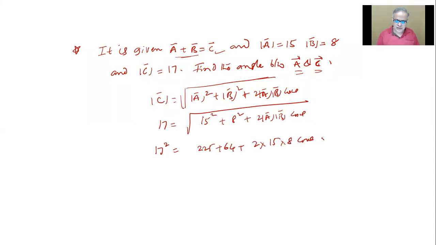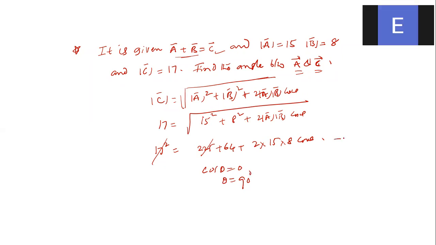This is 289, this is also 289, isn't it? It cancels. So cos theta equals 0, so theta equals 90, which means between A and B it is 90.